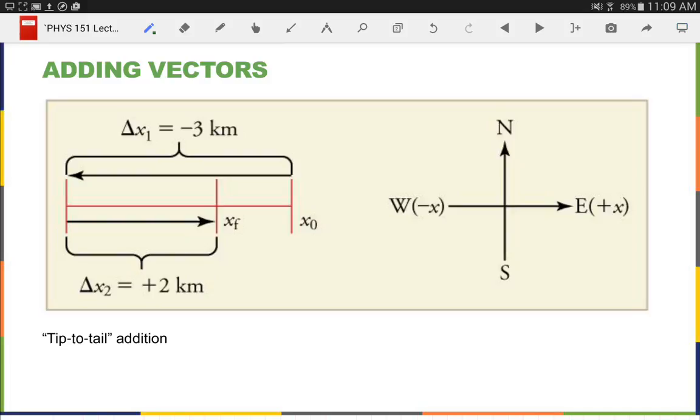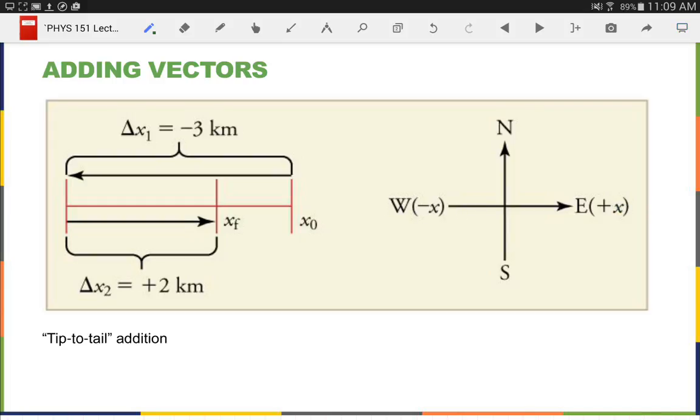Now, what do you do if you have more than one piece of motion? If you're adding vectors. This is an example. The full example in the book says, I think, the teacher walks 3 kilometers to the west. Here we have the compass, and using the same conventions, east is to the right, so that's positive.